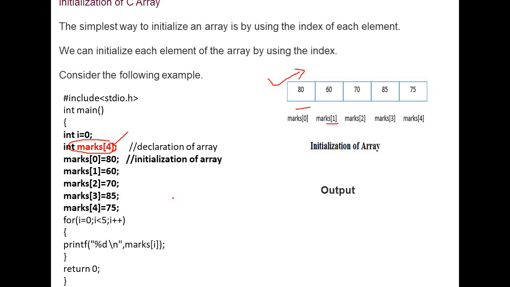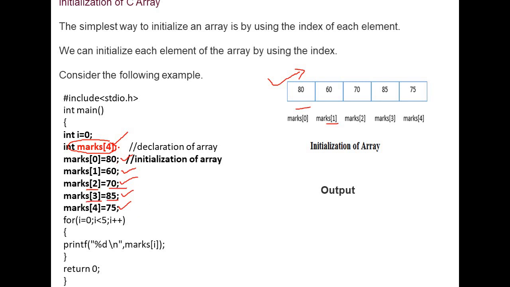That is nothing but the initialization of an array, meaning which data element you want at that particular array index. For marks[0] I want the value 80, for marks[1] I want the value 60, then 70, 85 and 75. These are the elements of the array at the particular positions. So marks[2] contains 70, marks[3] contains 85.